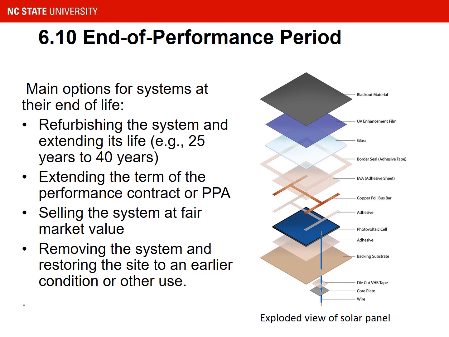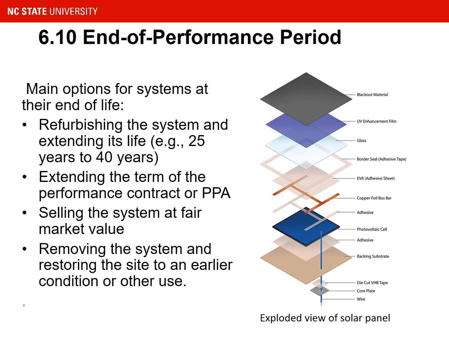One thing that I'd like to talk about is recycling at the end of performance period whenever the system is decommissioned. So demonstration projects at SolarWorld and commercial scale recycling operations at First Solar have shown that 84% to 90% by weight of PV modules can be recycled.